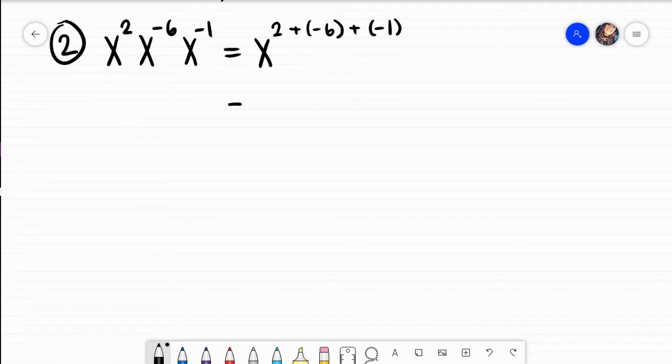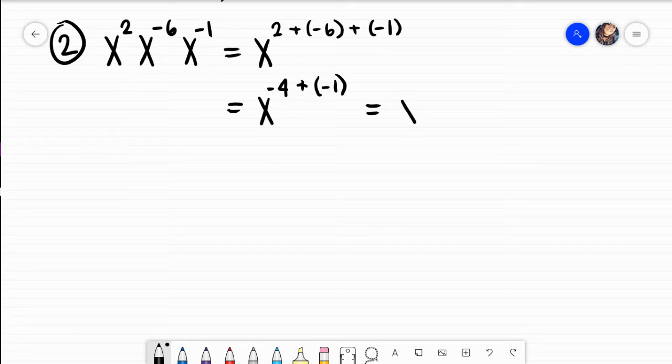Now let's actually do that math. We have x. Okay, if you do 2 plus a minus 6, those signs are different. So what you do is you subtract and you keep the sign of the larger. Now what do I have left? Plus a negative 1.